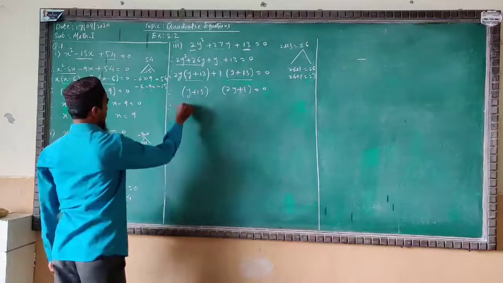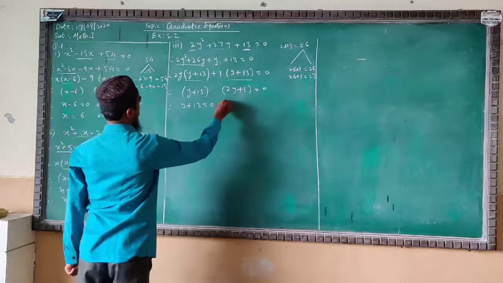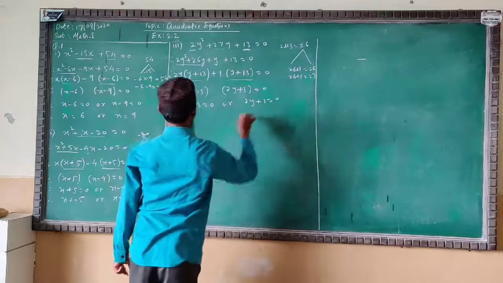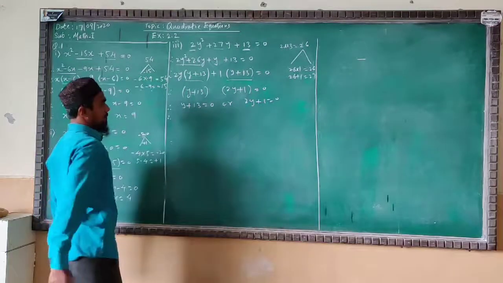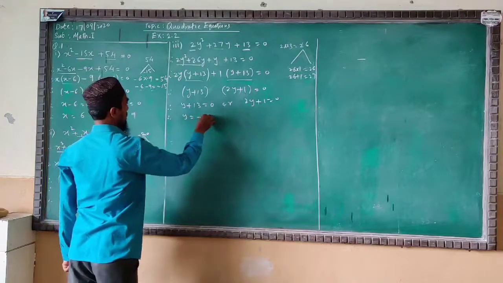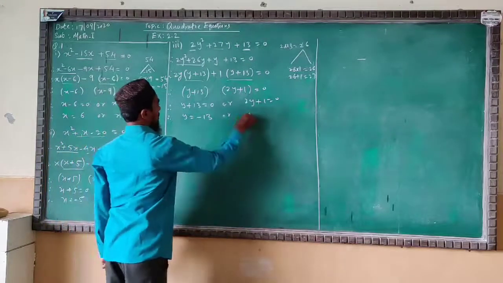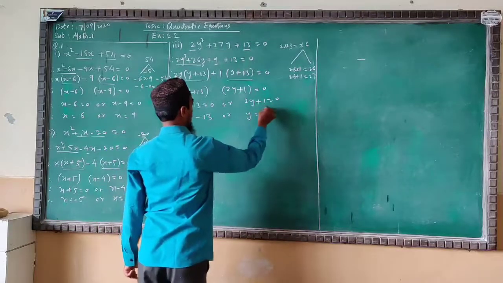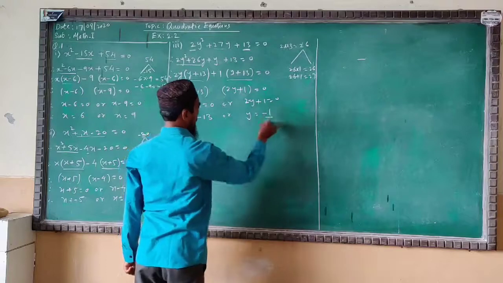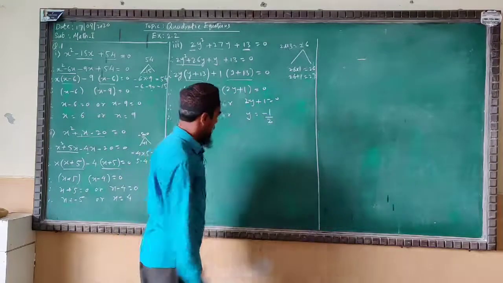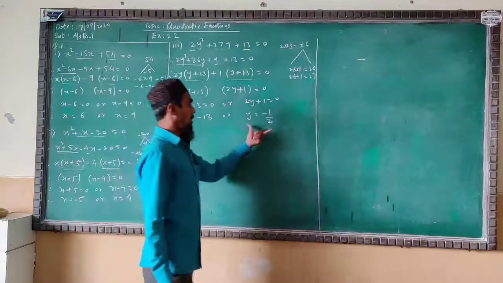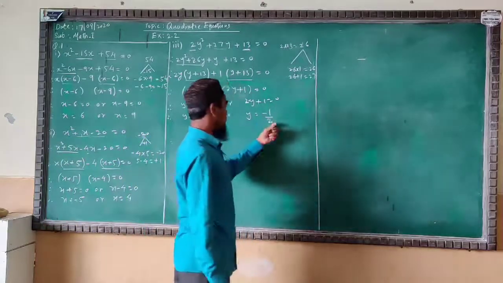Therefore, we got y plus 13 is equal to 0 or 2y plus 1 equal to 0. Therefore, we have here y plus 13, bring to the right side, minus 13, or here we get 2y plus 1, bring to the right side minus 1, and the multiplying 2 goes to the right side and divides the minus 1. This is your answer: y equal to minus 13 or y equal to minus 1 by 2.